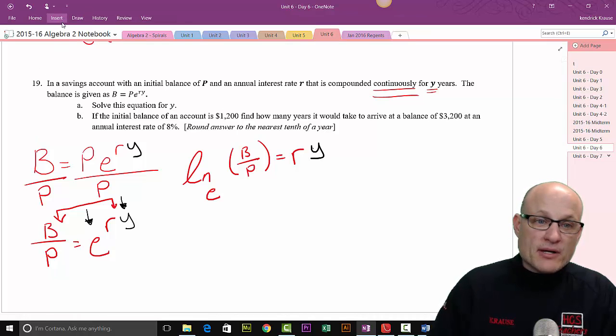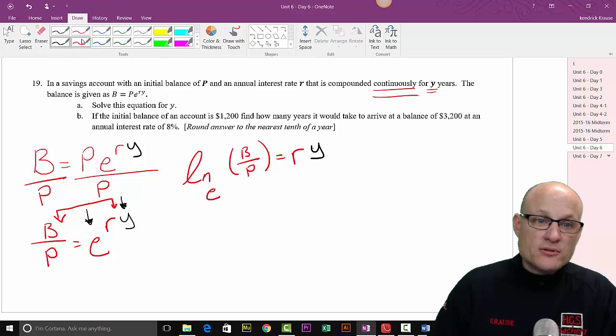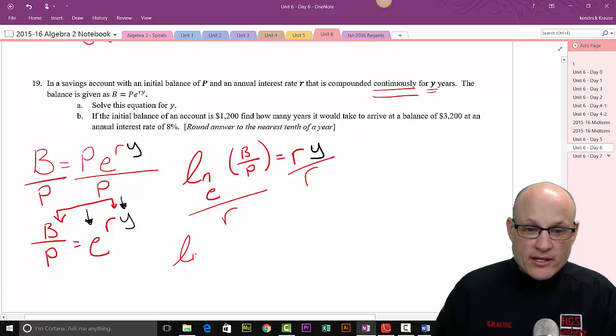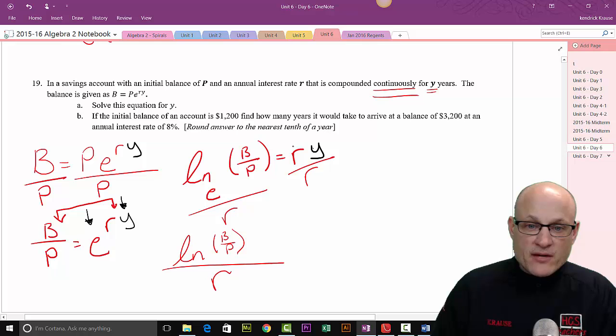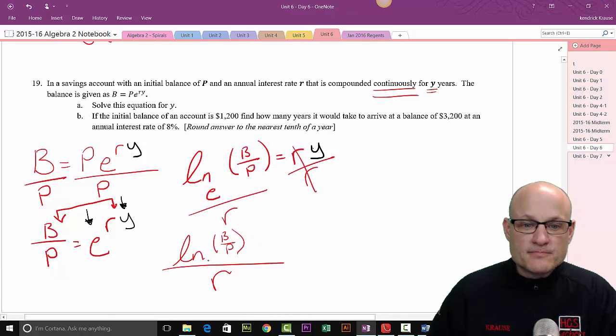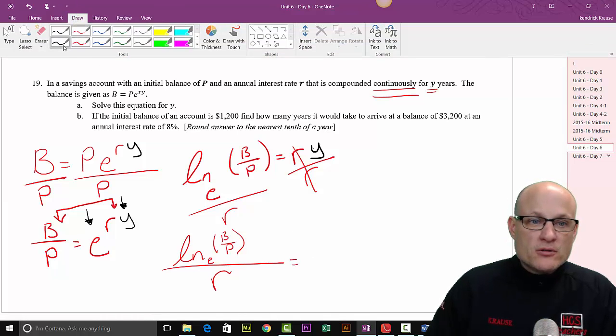I still want to get y by itself, so I'm going to divide by r. So the natural log of B over P, all over r, equals y.